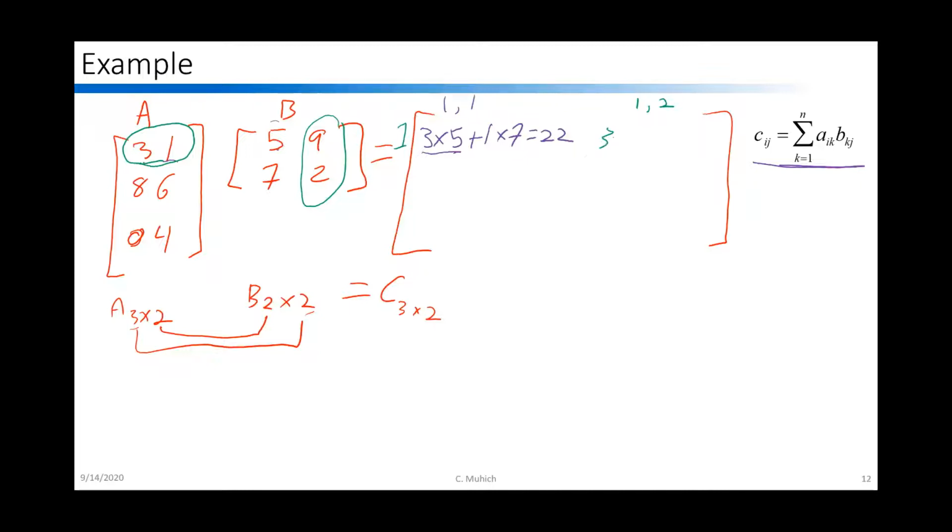My first element in A is 3 times the first element in B, which is 9, plus that second element in A, which is 1, times my second element in B, which is 2. So I can multiply this together. 3 times 9 is 27, plus 2 is 29, and that becomes my element.